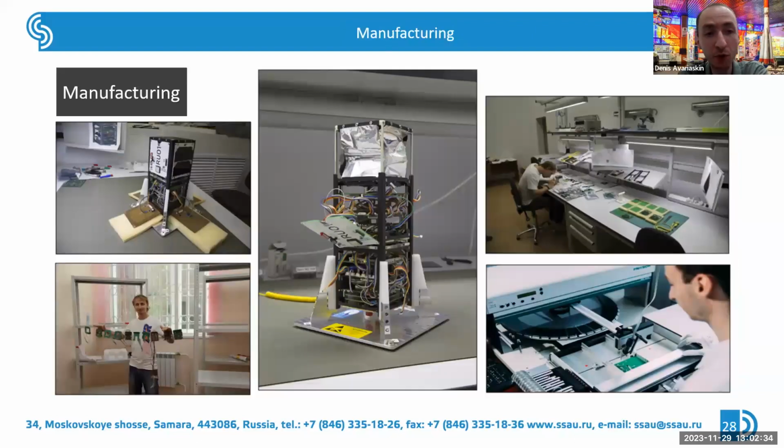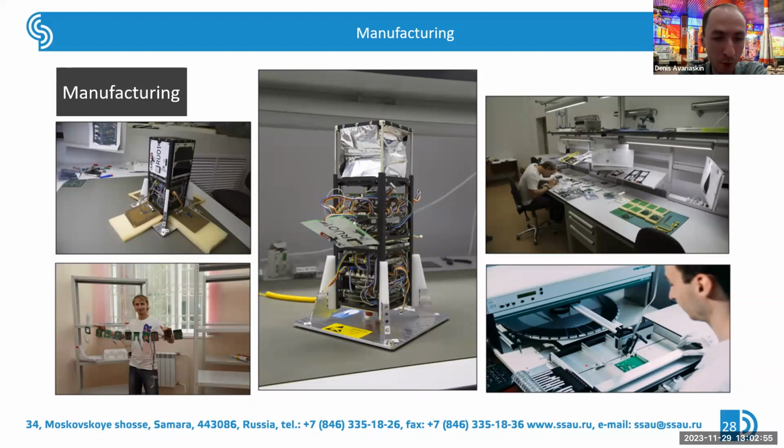The next step is manufacturing. So we teach our students how to produce the onboard subsystems. Here you can see the photographs from our laboratories and the photograph of one of our satellites.